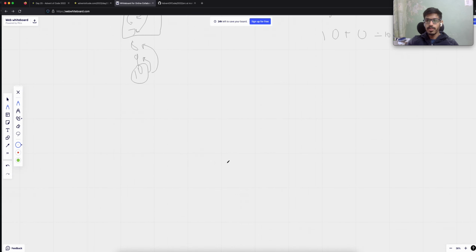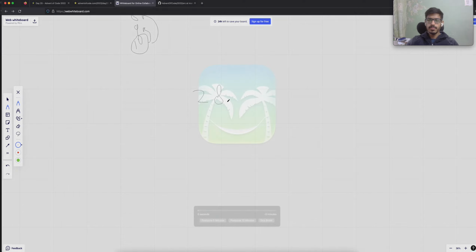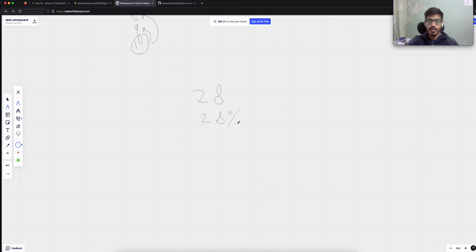Let us take one more example, a trickier one, which is 28. So 28, just by calculation we know, is 30 minus 2. But if we follow only our steps here, we take the remainder by 5, this comes out to be 3. 25 plus 3.